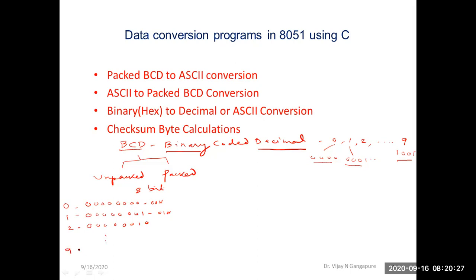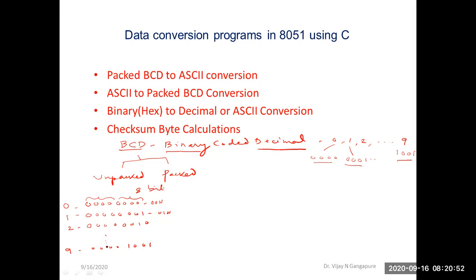I can represent 9 as 00001001. Now see here, out of 8 bits, only the lower 4 bits, that is the lower nibble, is utilized to represent this BCD number in this 8-bit format. The remaining 4 bits, that is the upper 4 bits, are always unutilized here.